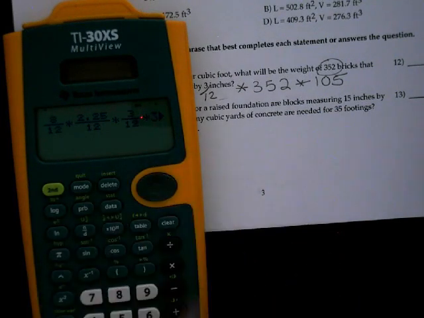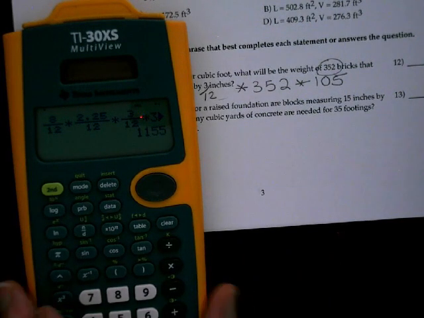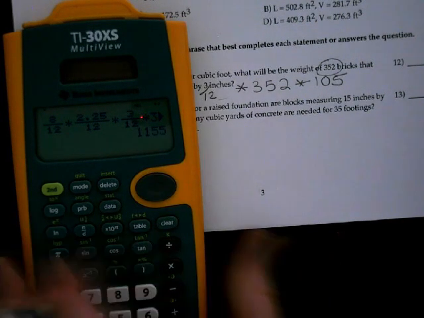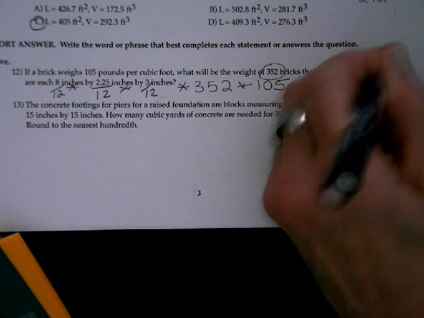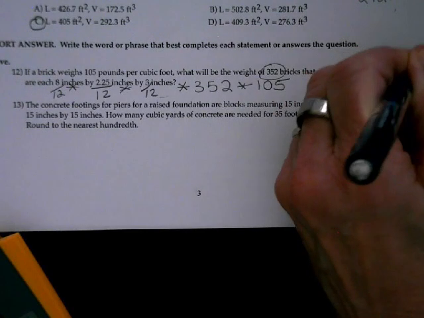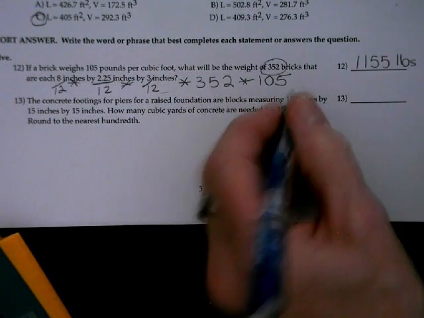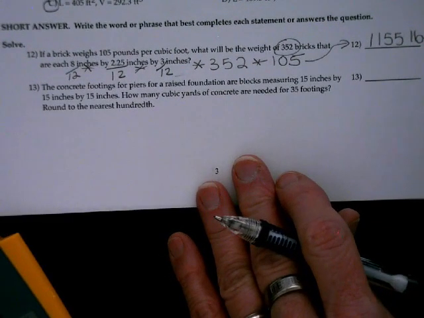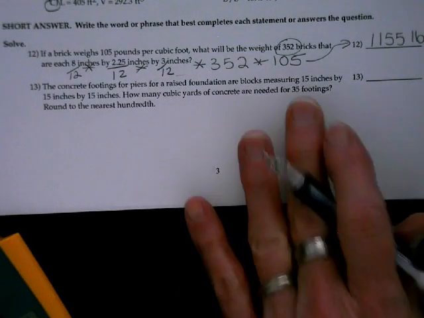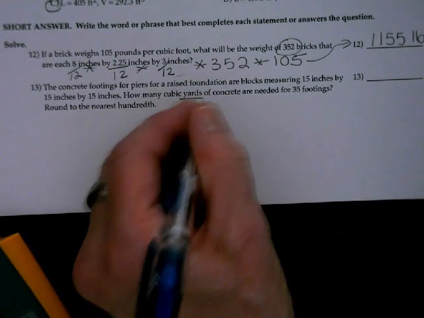Took my 3 fractions times 352 of them times 105 pounds per. Whoa, it didn't like what I did. What did I put in wrong? Can I go back? Okay. Oh, I had a times twice. I'm going to delete that one. There we go. Let's see if it's nice to us now. 1,155 pounds. So that's a half a ton or so, right? A little over half a ton.